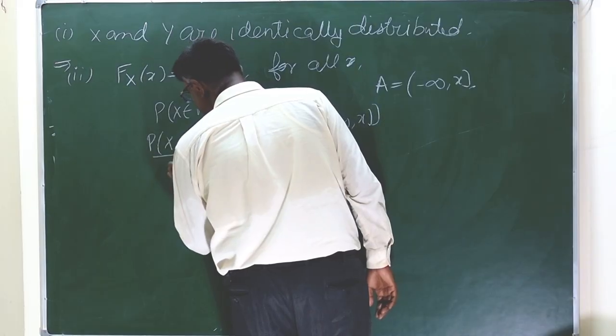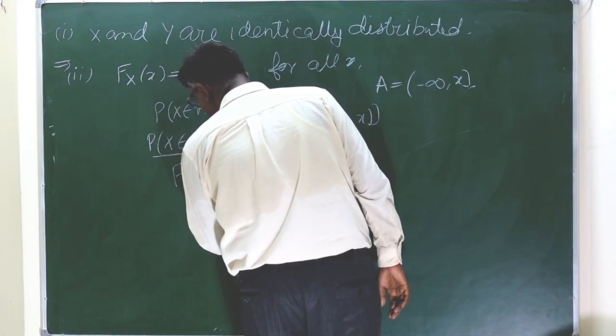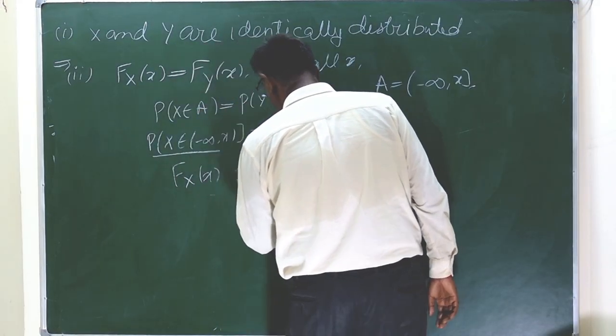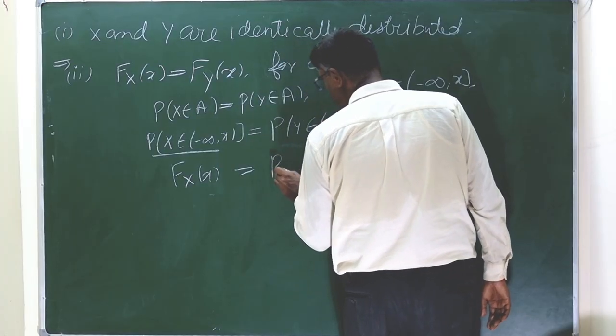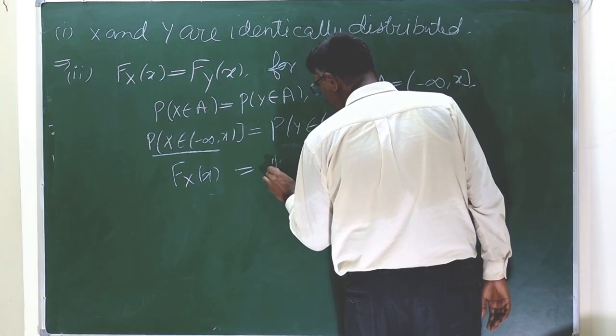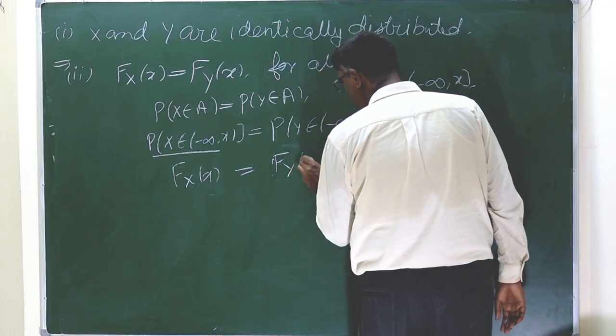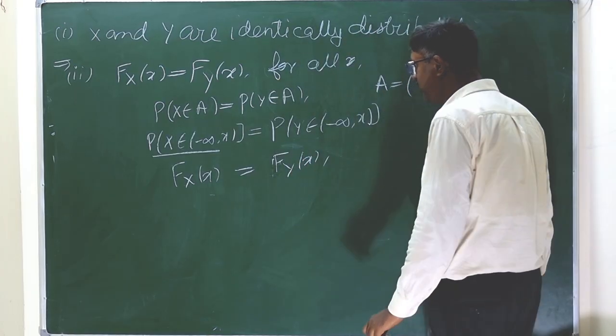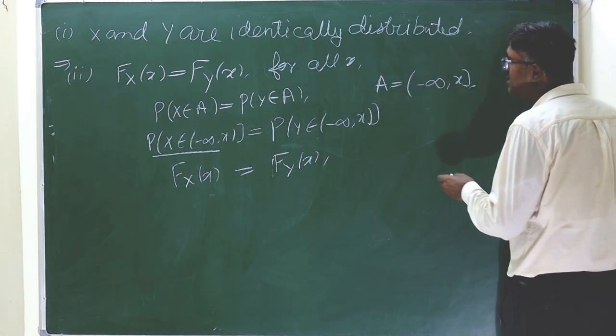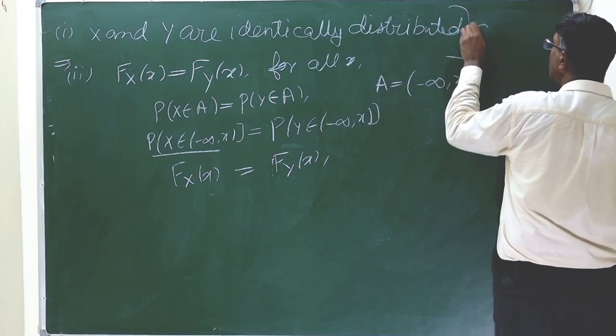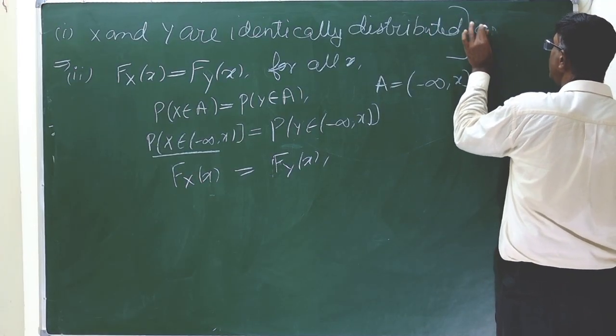So this is F of X at x, and this is F of Y at x. This way we have established that these two statements are equivalent.